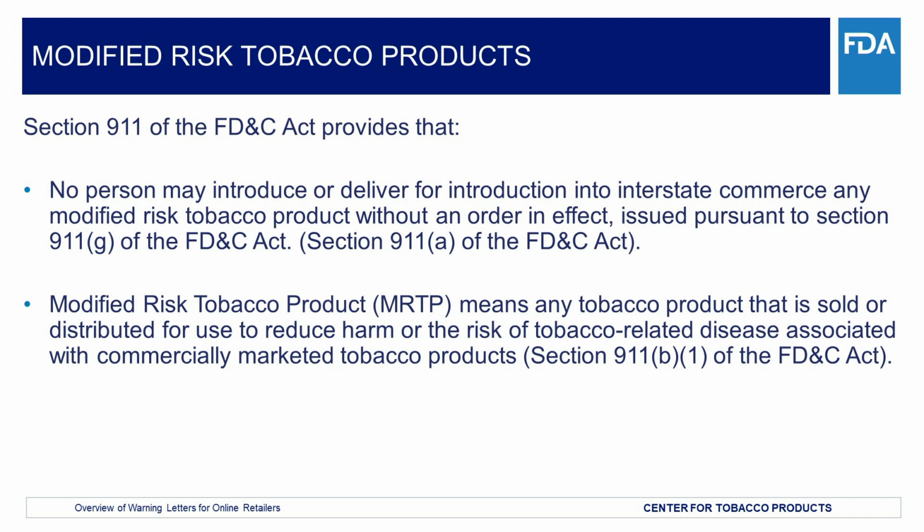First, any tobacco product with a label, labeling, or advertising that uses light, mild, low, or similar descriptors is an MRTP. A tobacco product is also an MRTP if its label, labeling, or advertising represents explicitly or implicitly that the tobacco product presents a lower risk of tobacco-related disease or is less harmful than other commercially marketed tobacco products.